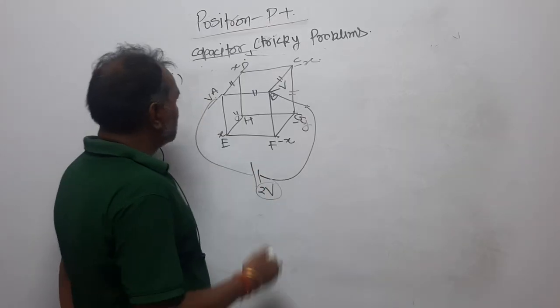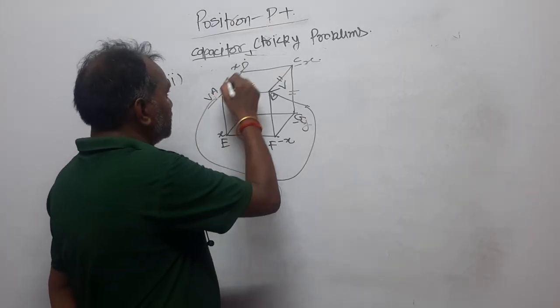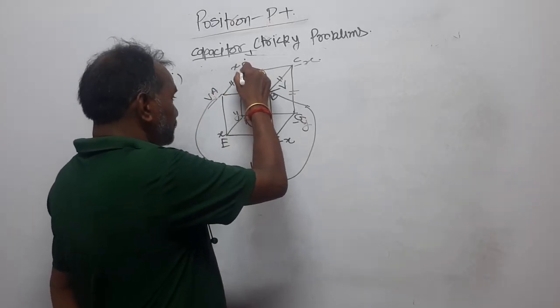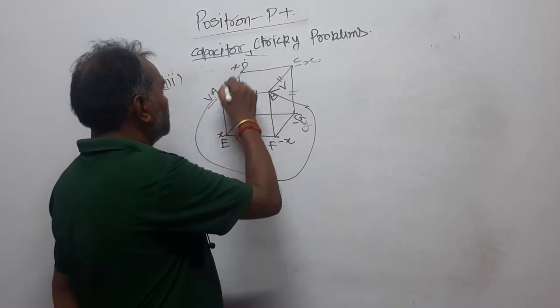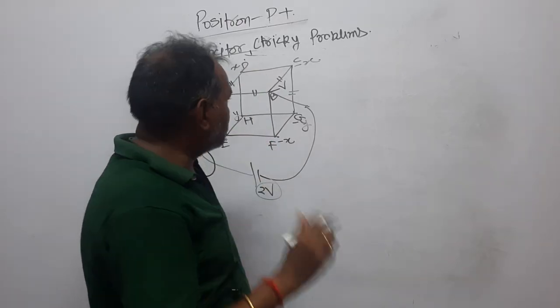Dear students, with respect to A, point D has a potential X, and D and E are common potential points.